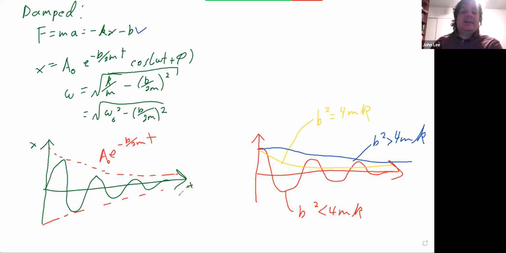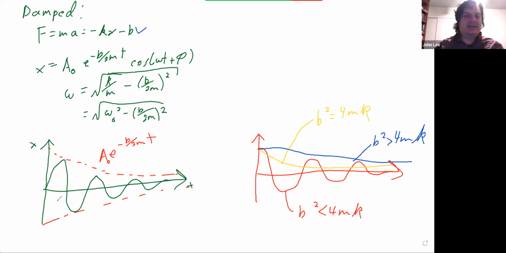So basically, you have three situations you can end up in. You can have underdamped, where b squared is less than 4mk, so omega is a real number, k over m minus some number that's smaller than k over m.